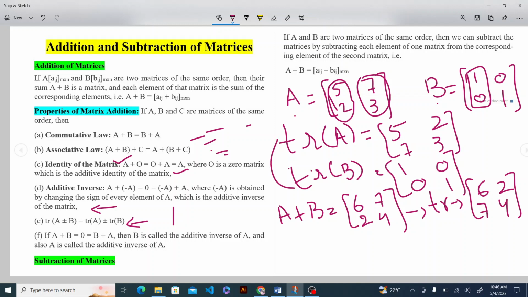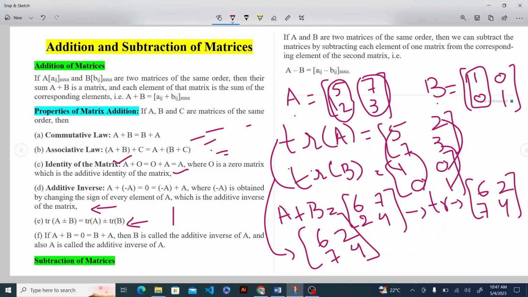Now for the right hand side, we have to add the transpose of A and the transpose of B. By adding this, the answer will be 5 plus 1 is 6, 2 plus 0 is 2, 7 plus 0 is 7, and 3 plus 1 is 4.